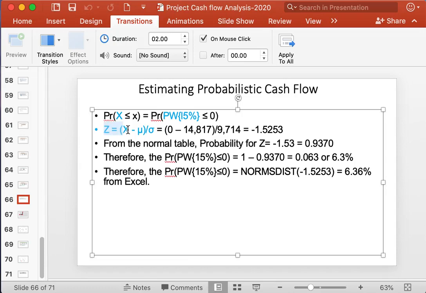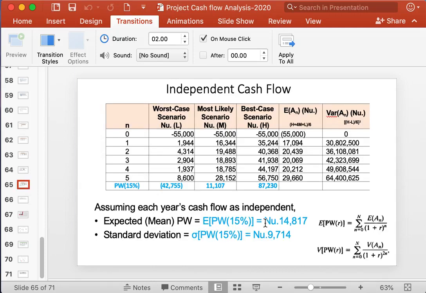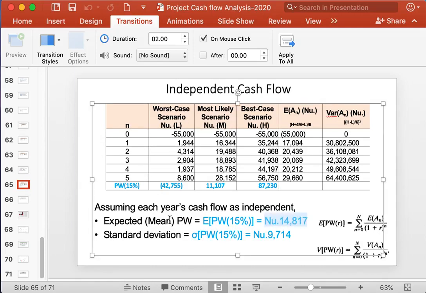So using this formula we can find out the probability of this expected present worth.